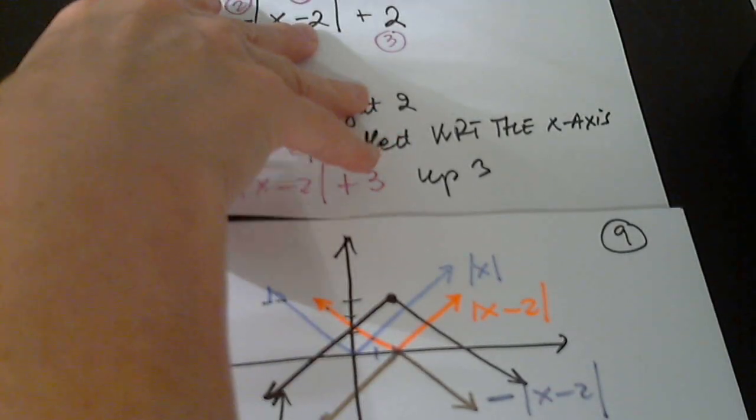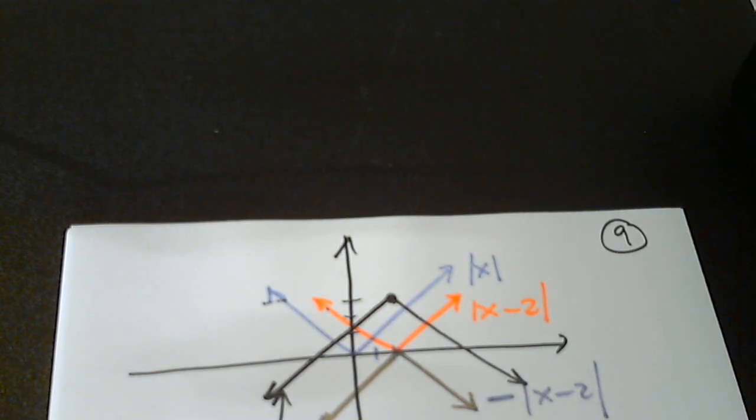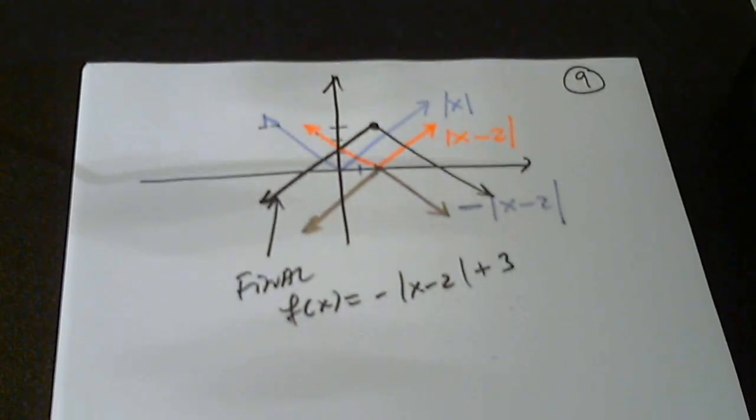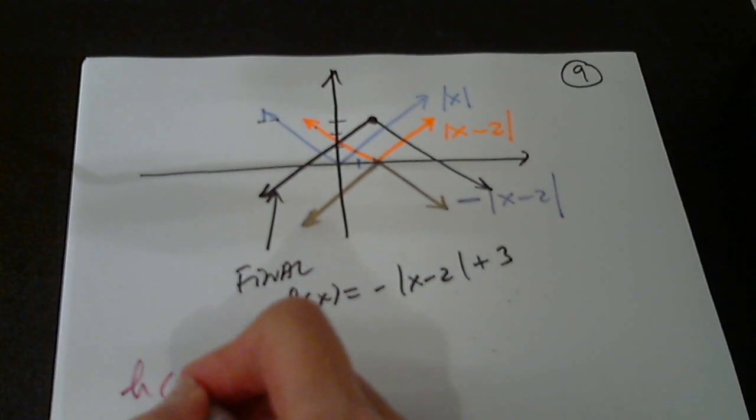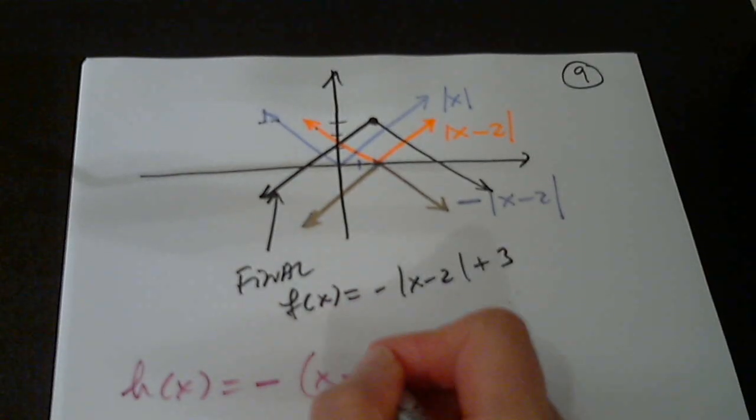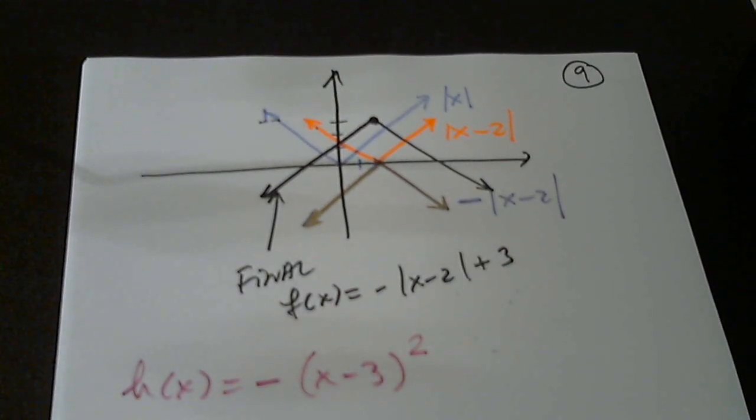Can anyone tell us which one is the first transformation that we have to look at? We had a similar example. Let me write this down for you. So we have h of x equals the opposite of x minus 3 squared. Which one will be the first transformation?